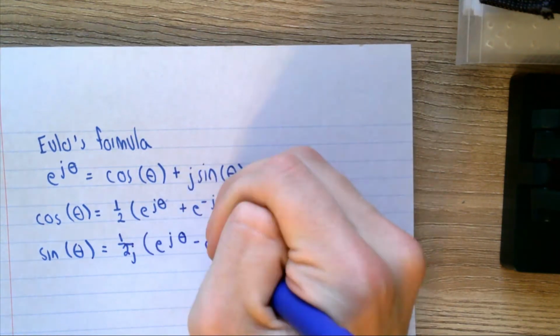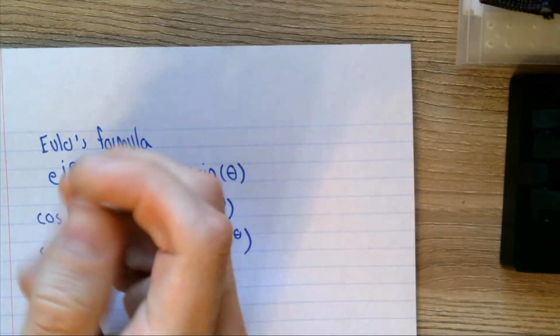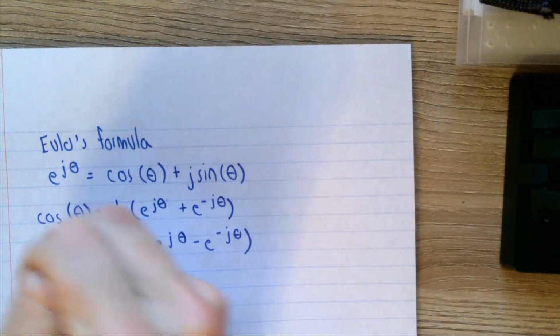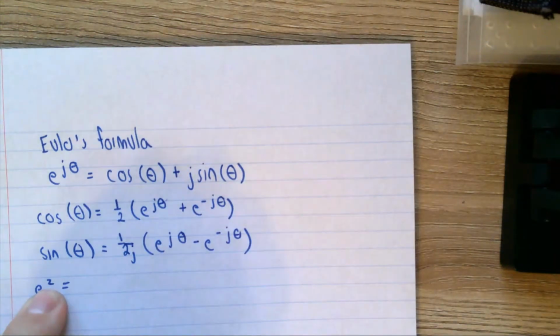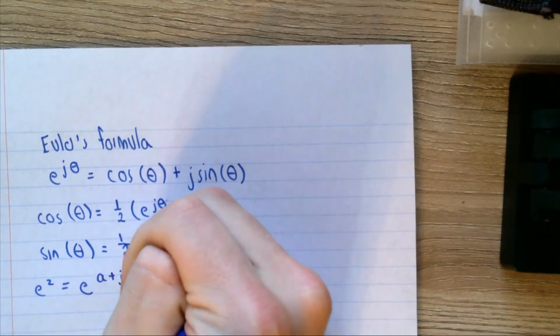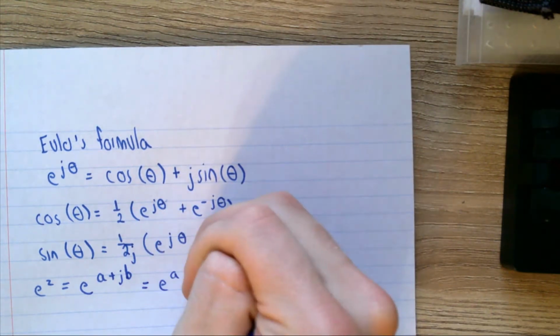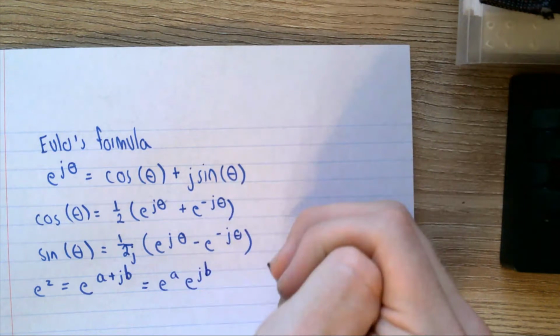And then you can also get the third one, which is e to the z. And remember, z was our vector, a plus jb. And so we can rewrite that as e to the a plus jb. And then you can separate these two into e to the a, and then multiply by e to the jb. And that's equal to e to the a.